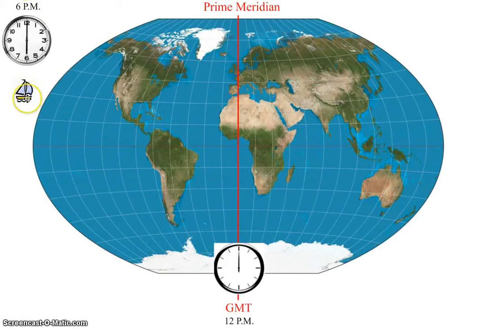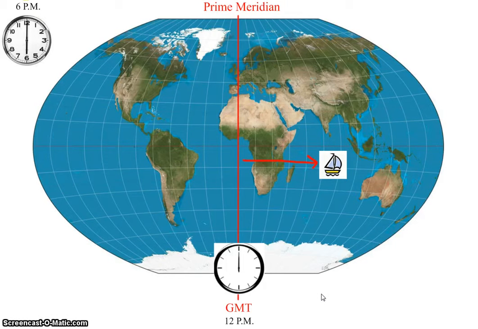All right, on the ship, it's 6 p.m., 6 o'clock in the evening. In Greenwich, England, it's noon. Well, I know right away that 6 p.m. is ahead of noon. So that tells me that the ship has to be to the east. We're ahead. So the ship is somewhere over here. Well, how many degrees are we to the east?